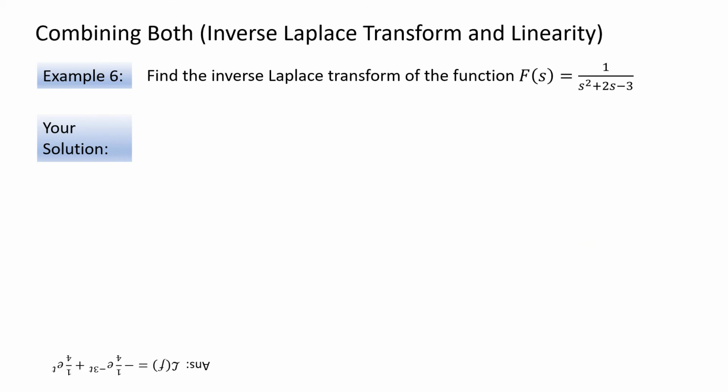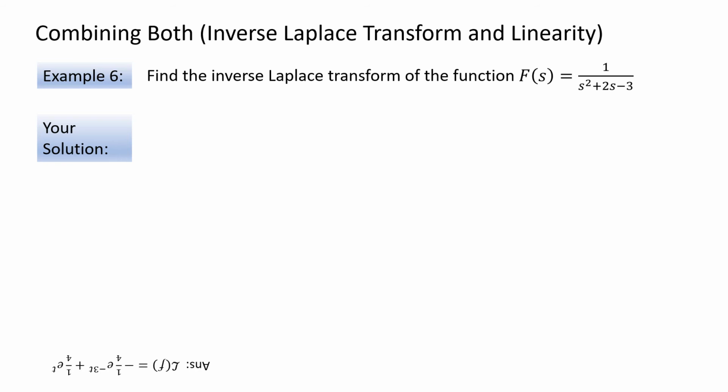Combining everything that we've learned in this lesson, you're going to see us, when I say us, I mean me, do the next two examples where we're trying to find the inverse Laplace transform. We're going to need to use the linearity property as well as what we know about Laplace transforms in terms of the table.